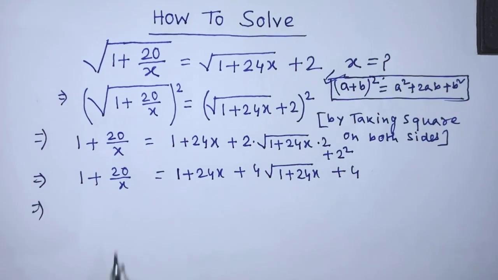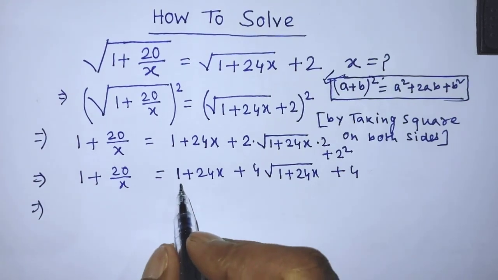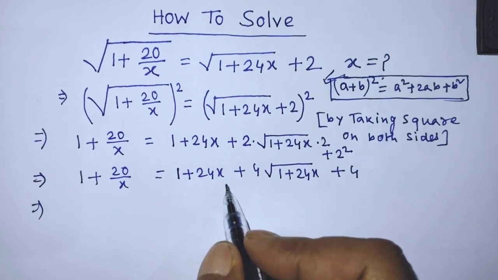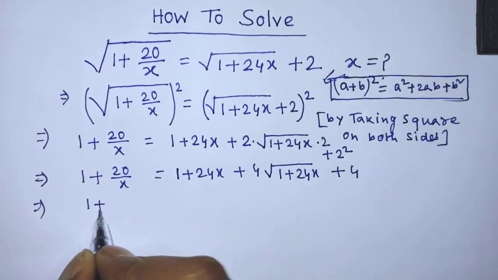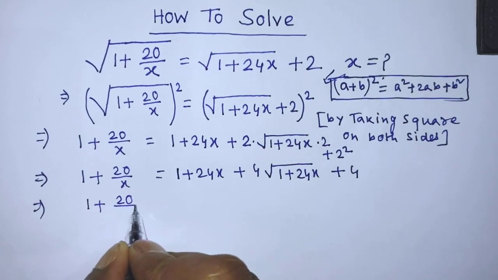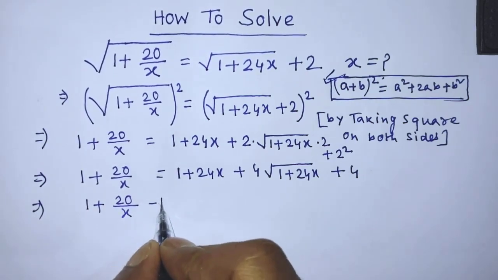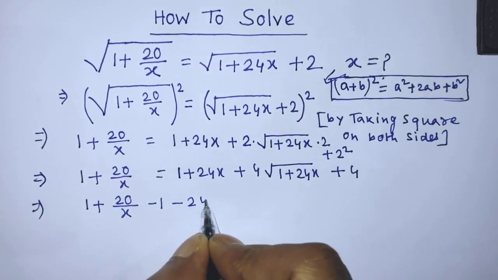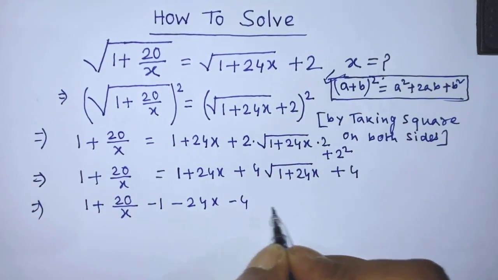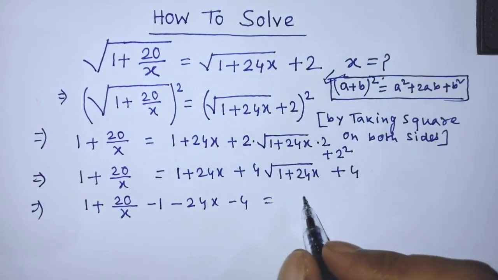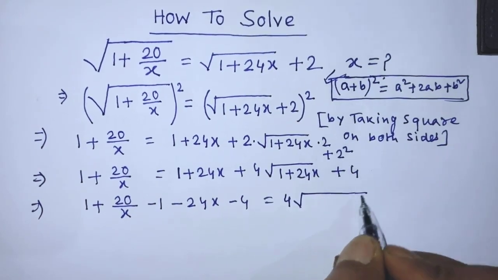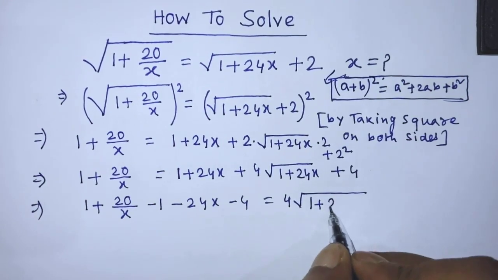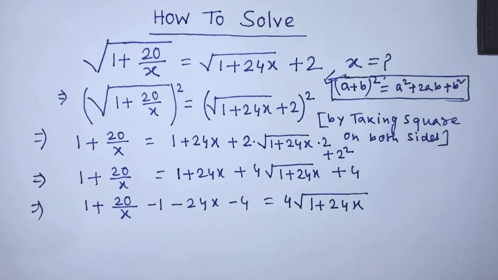So guys, we have to transpose 24x and 4 from right hand side to left hand side. Then the left hand side becomes 1 + 20/x - 1 - 24x - 4 is equal to, on the right hand side we write 4 times square root of (1 + 24x).